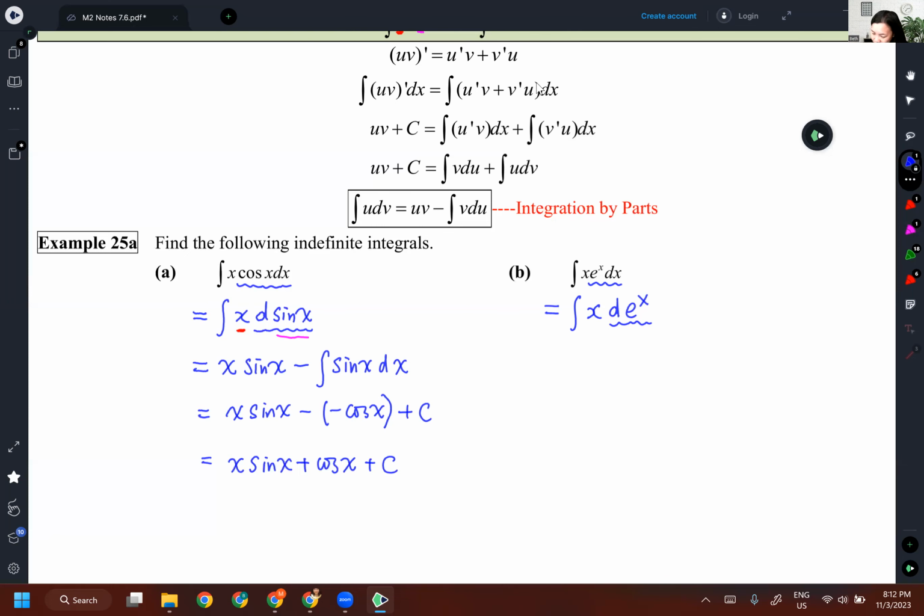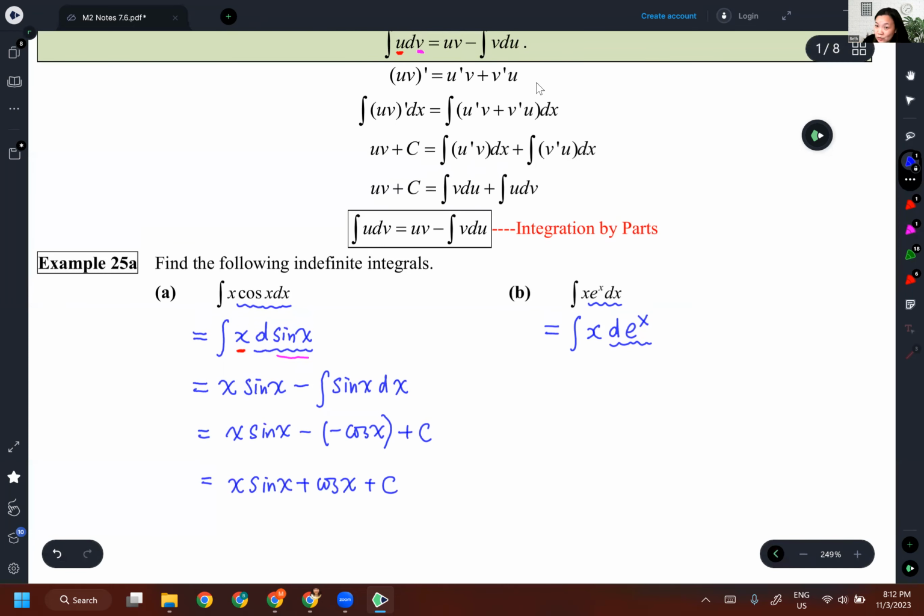Now you need to identify which one is u and which one is v. Here u is the one outside, so this one is u, and this one is v. This integral is equal to u times v minus the integral of v du.